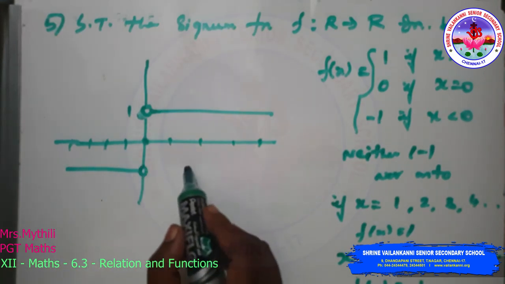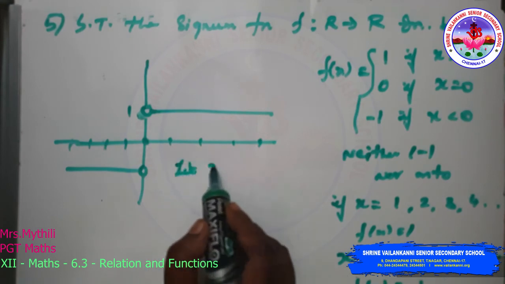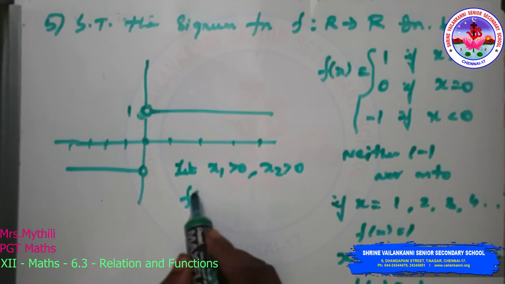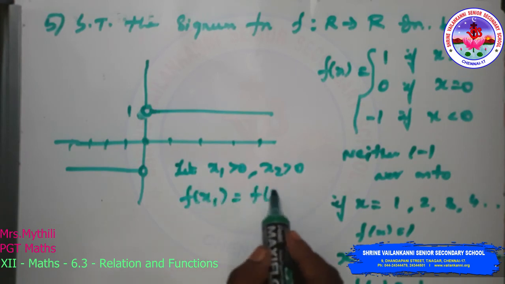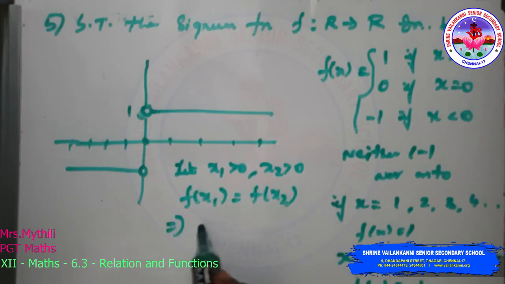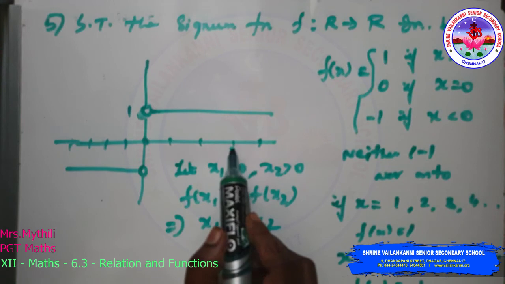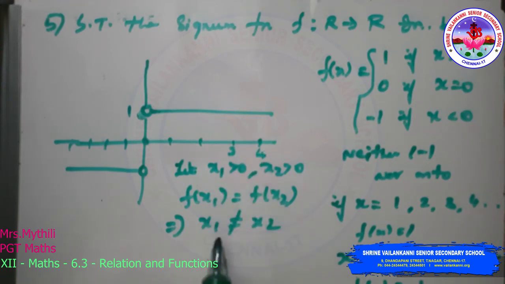Let's check for one-one function. Let x1 be greater than 0 and x2 be greater than 0. f of x1 equal to f of x2 does not imply that x1 equals x2, because if we take x equal to 3 and x equal to 4, then f of x is 1.